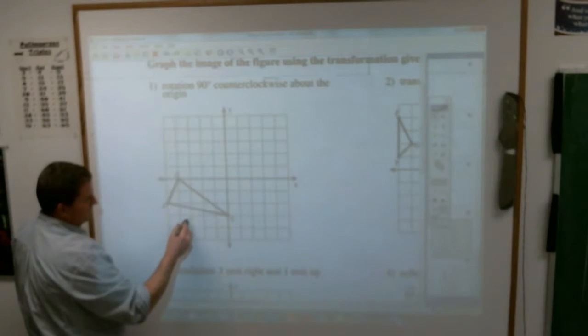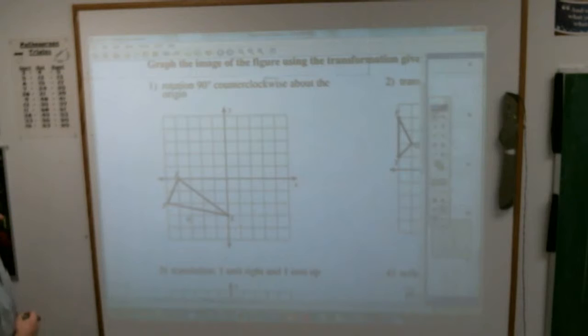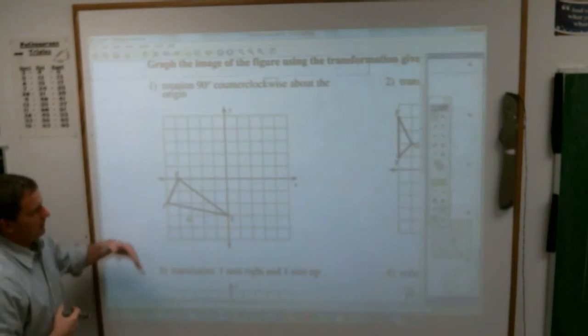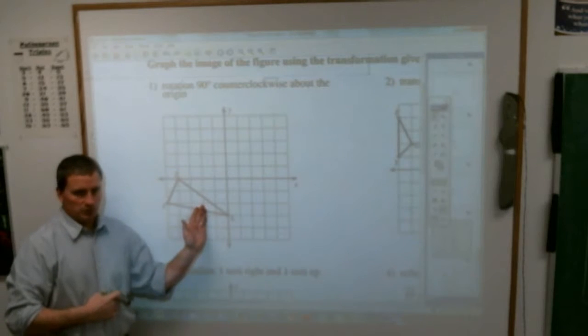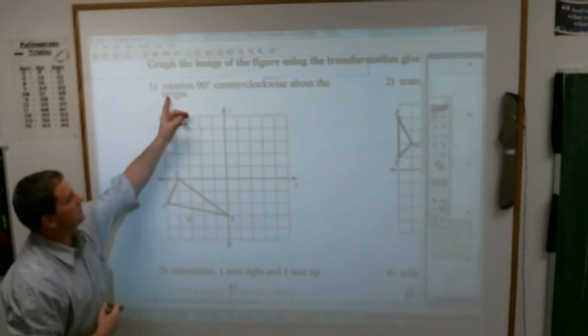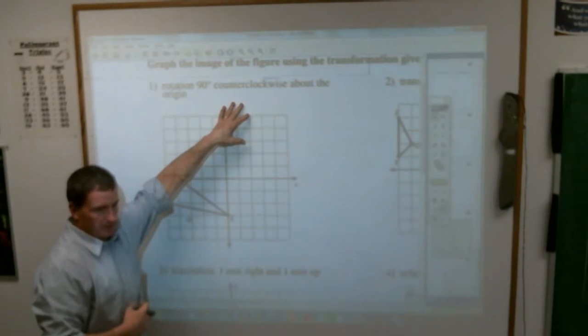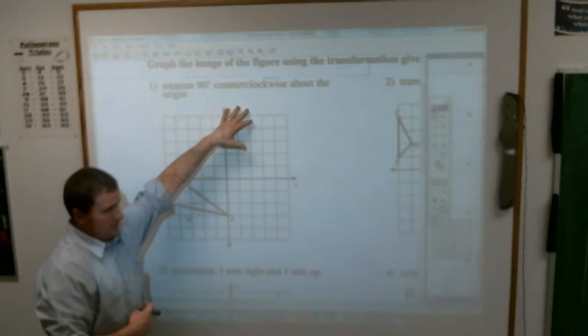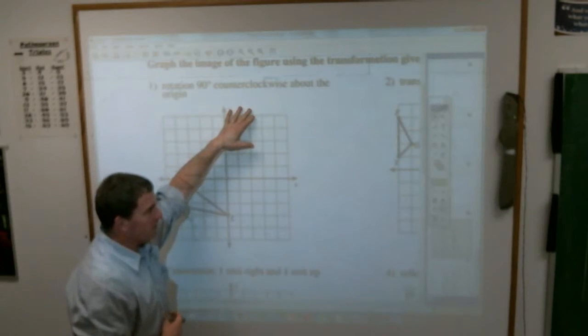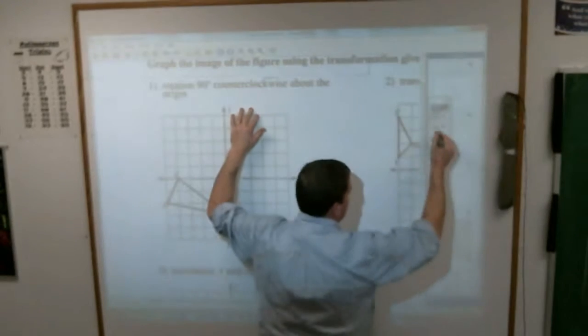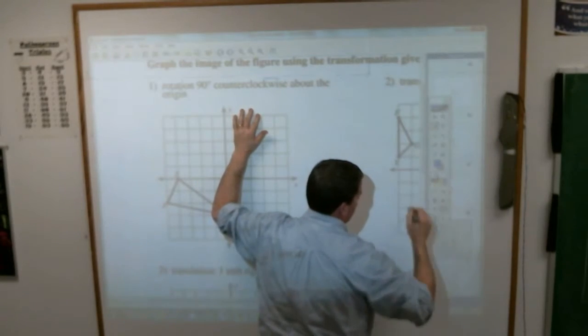And I don't know if I've come up with a great way to figure that out, other than, again, look at the X and Y axis when you do this. This is supposed to be rotated 90 degrees counterclockwise. And the first thing you have to understand is what is clockwise, what is counterclockwise. And I know from basketball practice that many of you struggle with that concept itself.